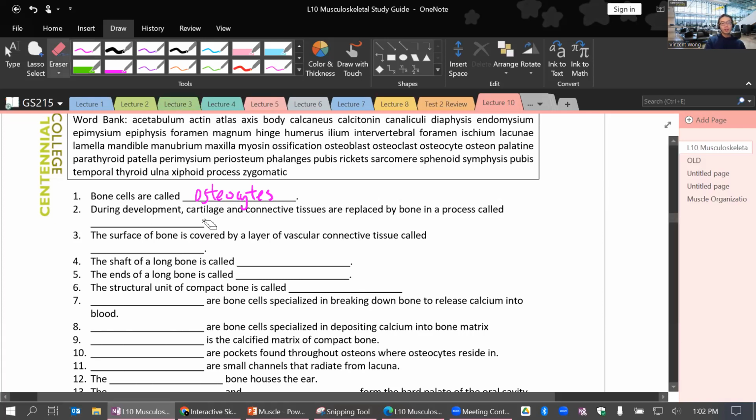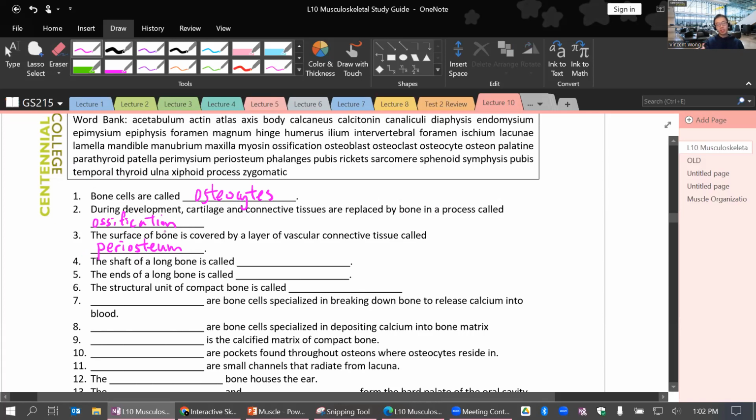During development, cartilage and connective tissues are replaced by bone in a process called ossification. The surface of the bone is covered by a layer of vascular connective tissue called the periosteum.